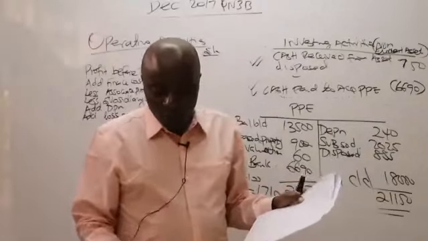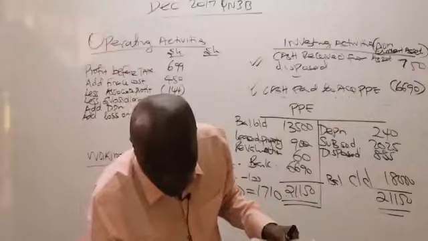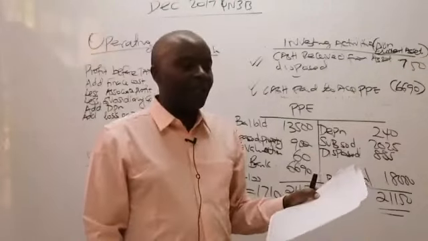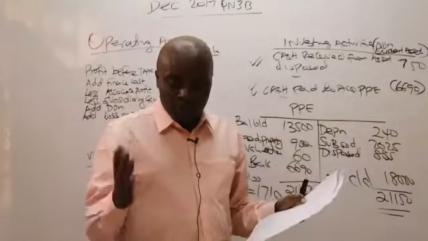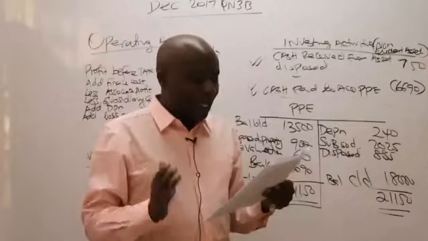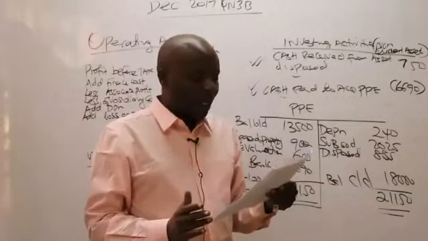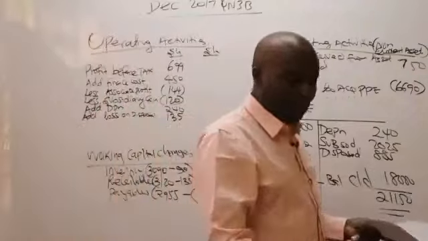So I would want to know, when I disposed of this subsidiary of mine, how much cash did I receive? Because it's cash flow I'm more interested in, the cash that was received.